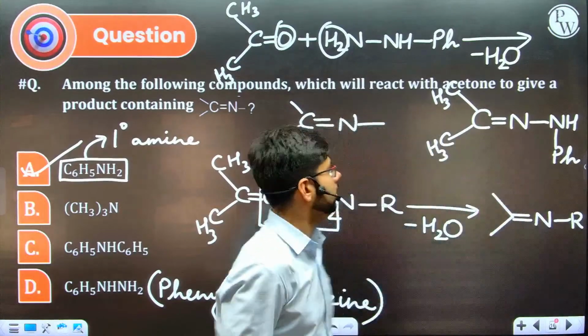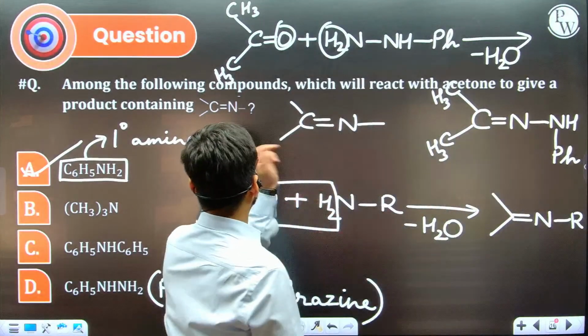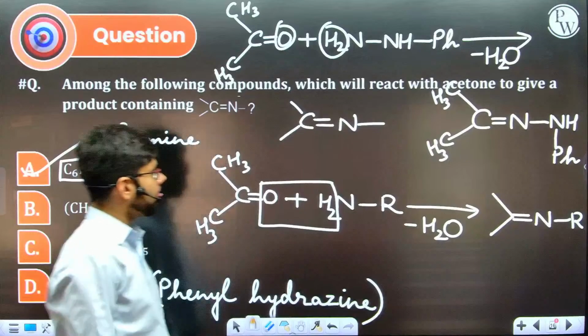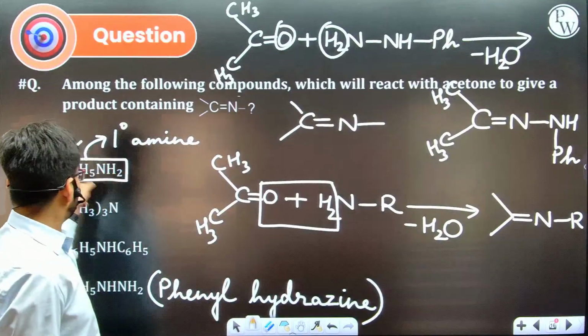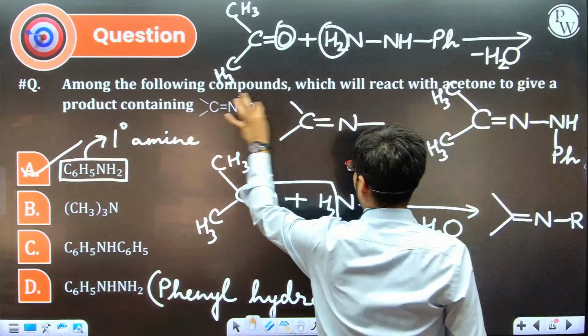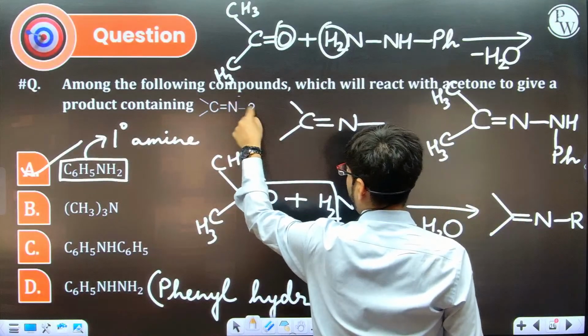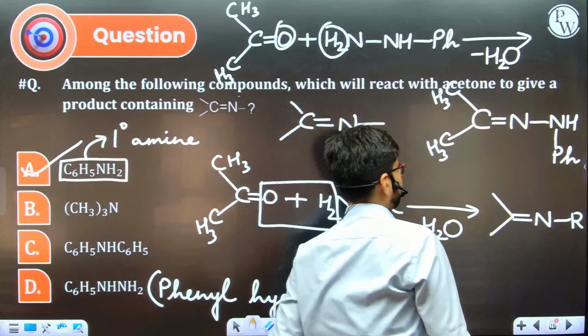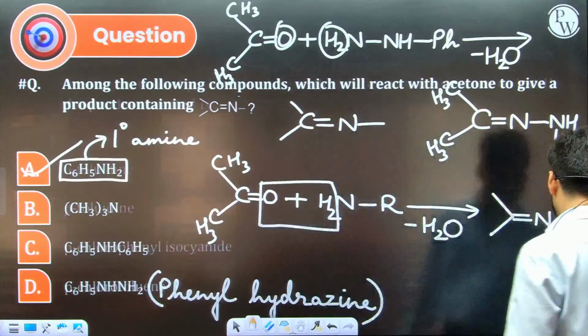Yes, so this will be the product when phenylhydrazine reacts with acetone. Right, so option A is correct because we are interested in something of this sort, where N should be connected to further carbon. When I leave a bond after N, that means it's connected to carbon. Hence A is the correct answer.